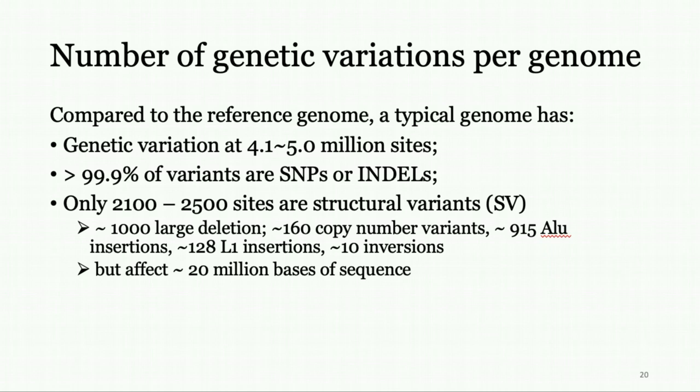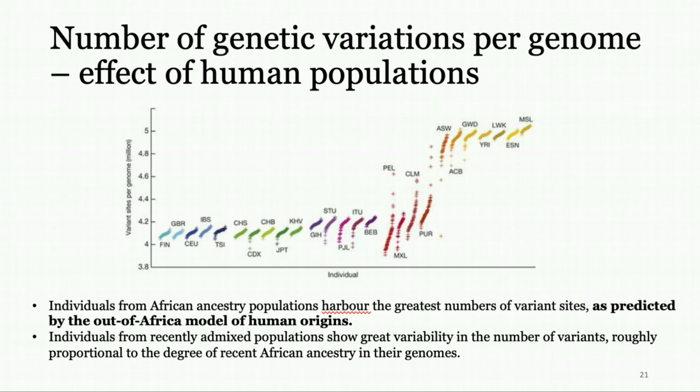This is basically the information from the table, the total number of variants per genome, plotted by human population. Here are the European populations, the East Asian, South Asian, American populations, and these are the African populations.